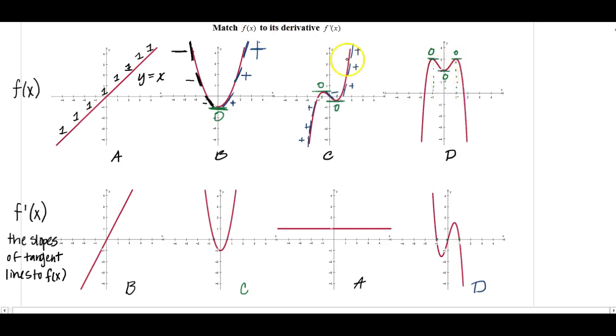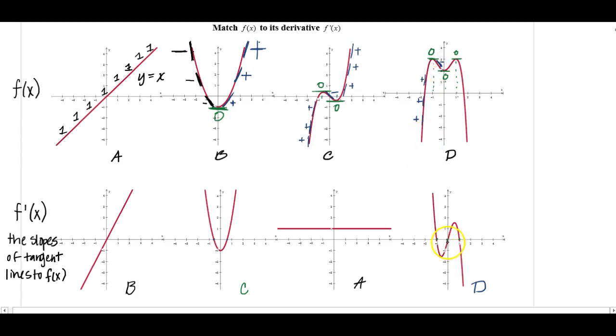And then I can think about just drawing some little tangent lines and confirming the rest of the graph matches. So here I'd have positive slope to the left of this first 0, and here we go, to the left of this first 0, I'm above the x-axis. And then for between -1 and 0, well, now I have negative slope. If I were to draw a tangent line, I have negative slope.